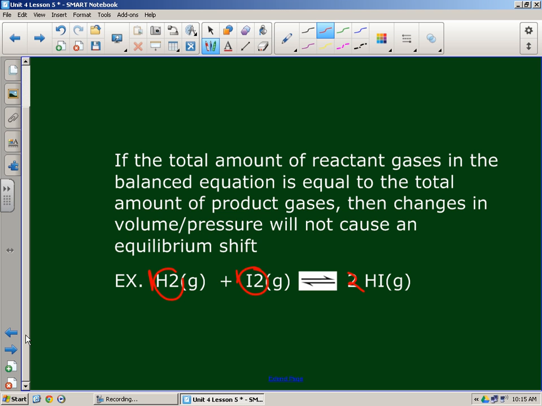One H2 molecule and one I2 molecule. I get two HIs on the right-hand side, so it's the same number on both sides. What happens then? There is no equilibrium shift, so I could apply any kind of stress I want to this. I could increase pressure, decrease pressure, it's not going to shift.